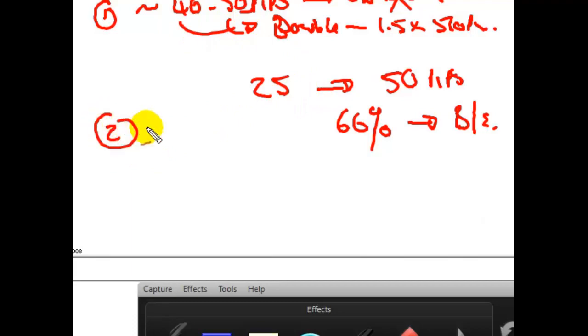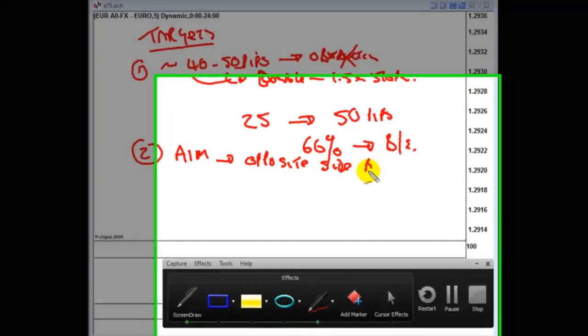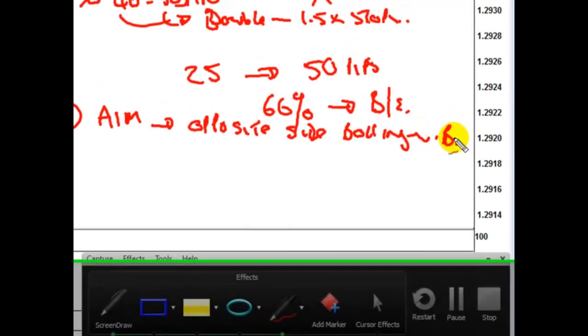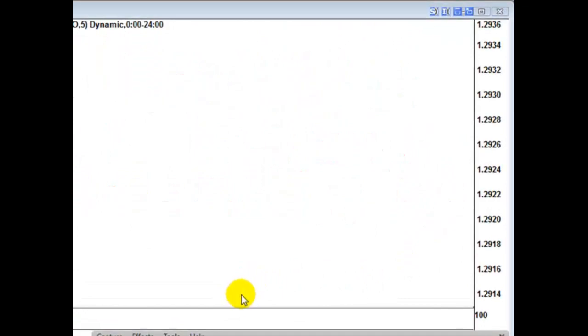Second principle is I always keep an eye on the opposite side Bollinger Band as a mental target. And let me explain how this works.